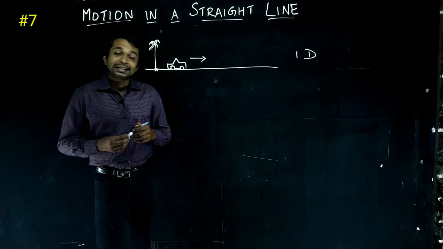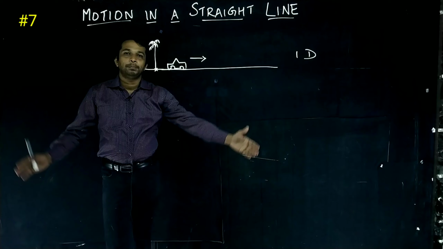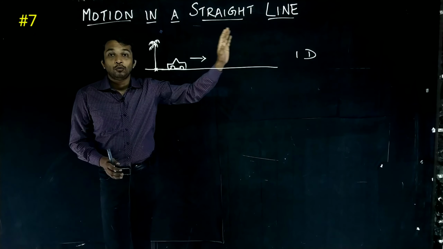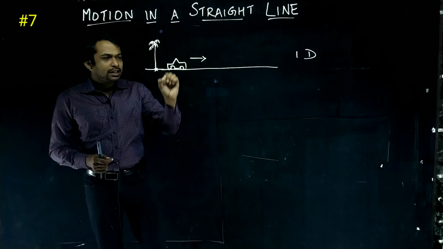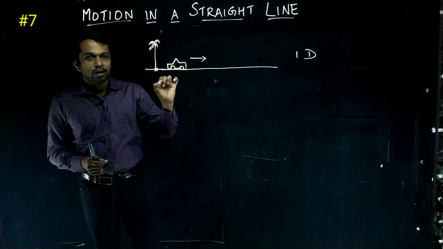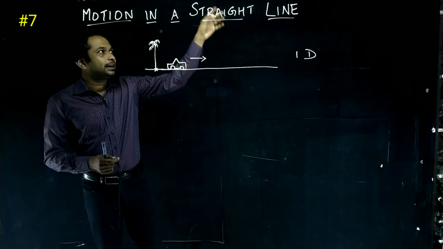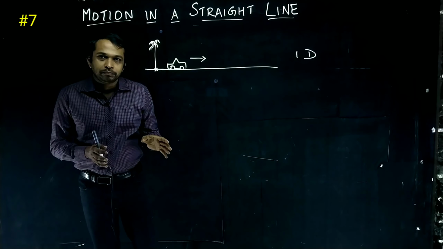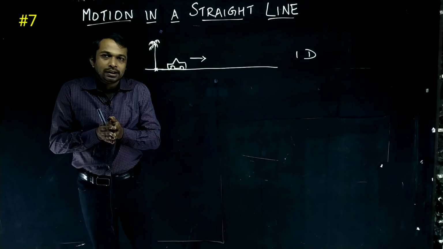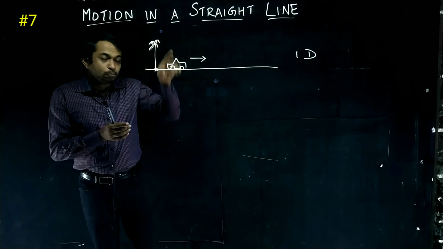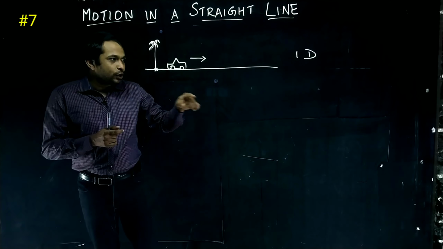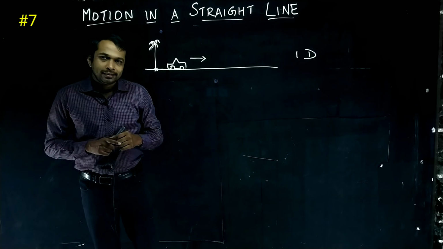That is, the car is moving only in one direction. Let's take the next example where you have a board or the wall of your room. There is a small insect sitting on it and it is crawling on the wall. Okay, so here in this case it is moving in two dimensions, in your x and y, right?